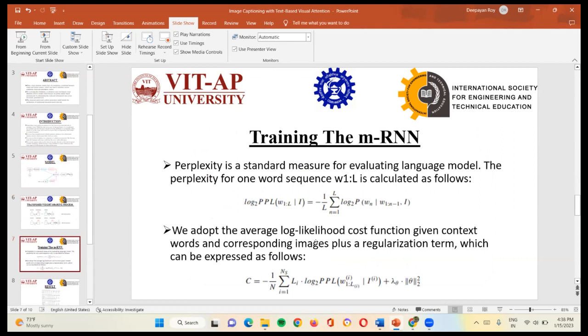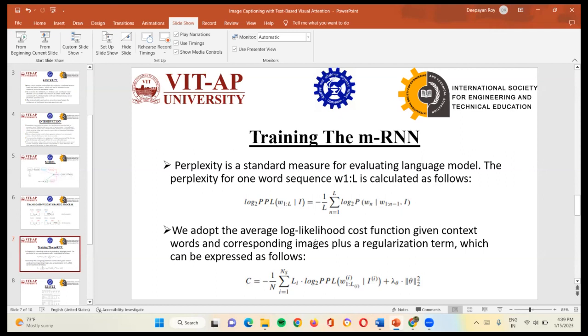After that, the most important part, the training of the dataset. Here we are basically training the mRNN. We use a standard measure for evaluating the language model, the perplexity for one word sequence W1 to L, which is calculated with the following equation.